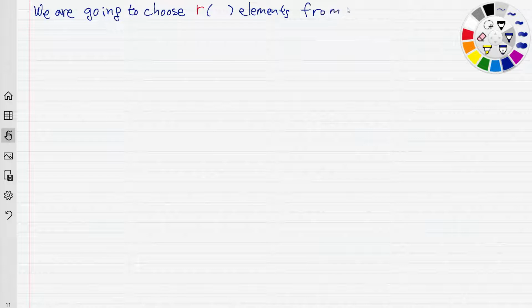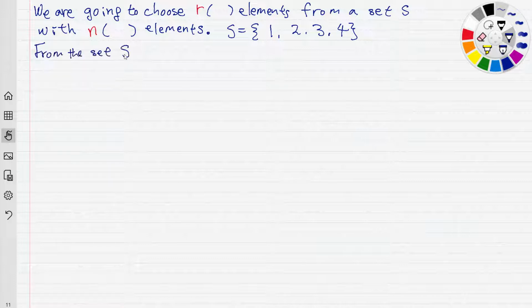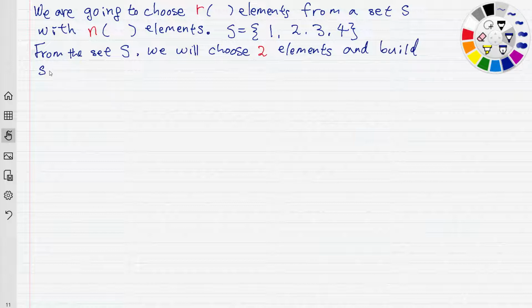We are going to choose R elements from a set S with N elements. Suppose S has 4 elements, 1, 2, 3, 4. And from set S, we will choose 2 elements and build subsets.